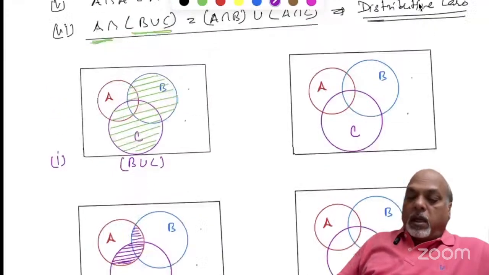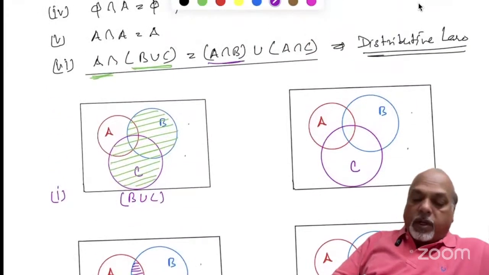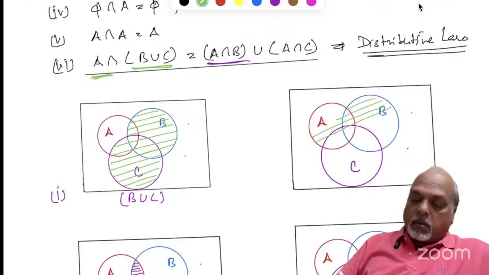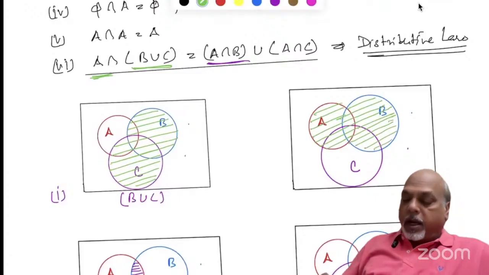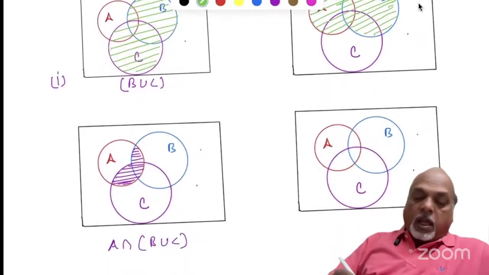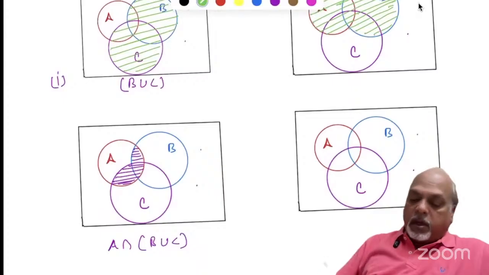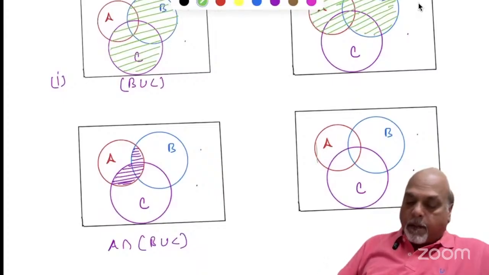So this is the intersection of A with B union C. Correct. Now here let us see A union B, you can see this is like this. Correct. And A union C is nothing but this, like this.